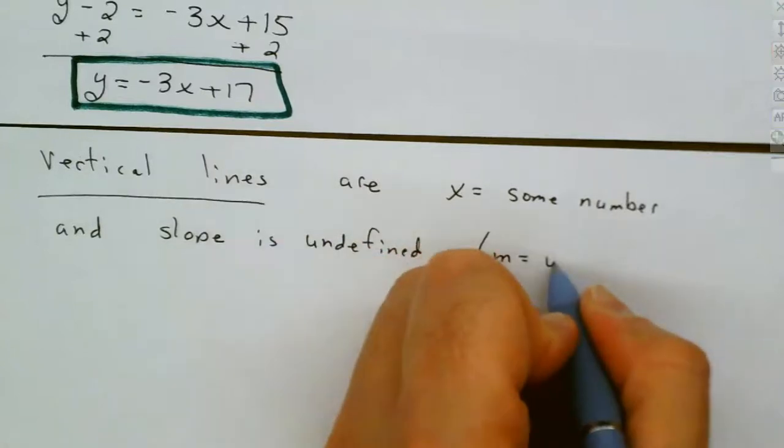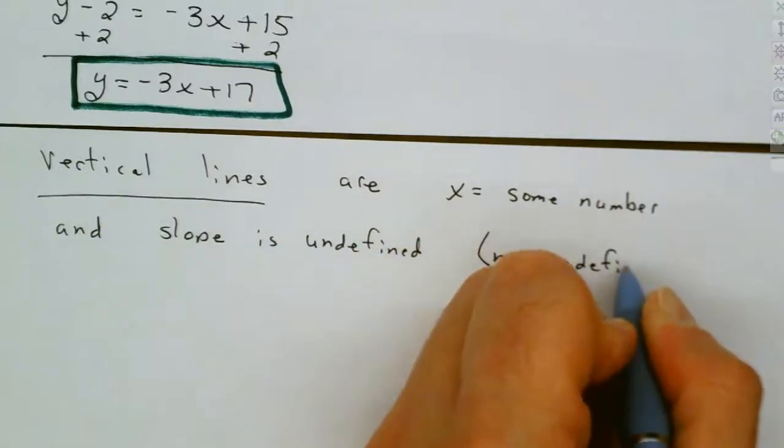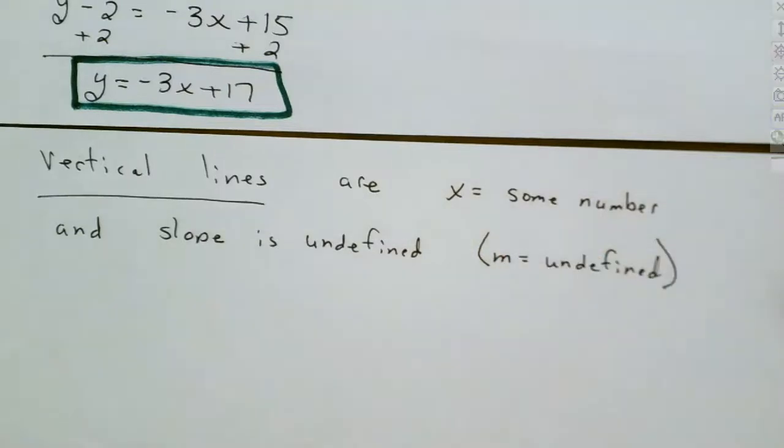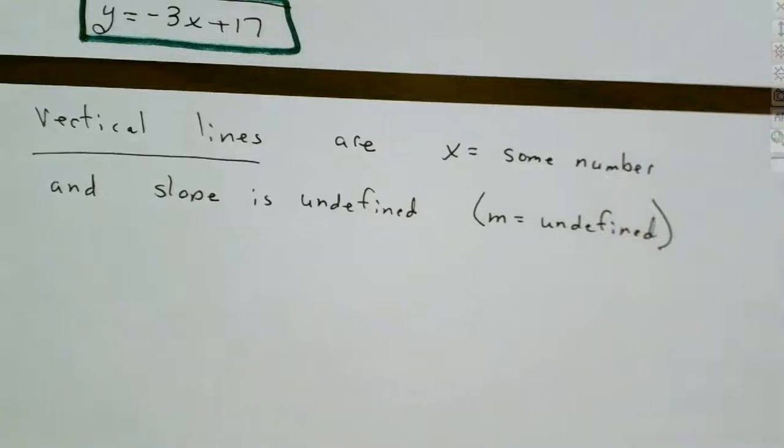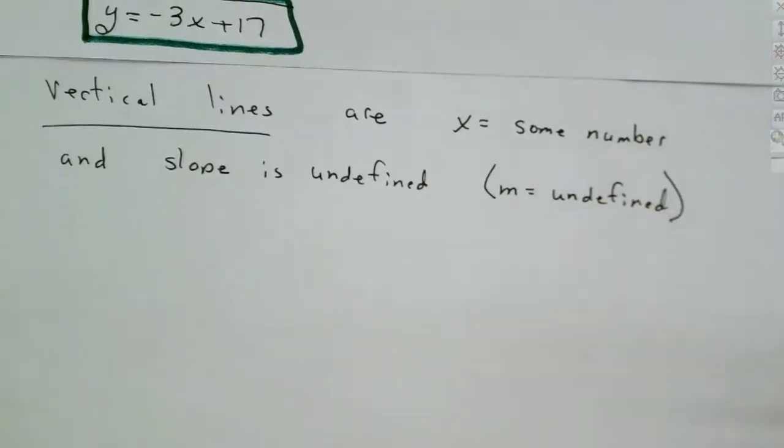M equals undefined. Remember, vertical lines are going to be up and down lines, and they only have an x part. So x equals some number, and that slope is going to be undefined.